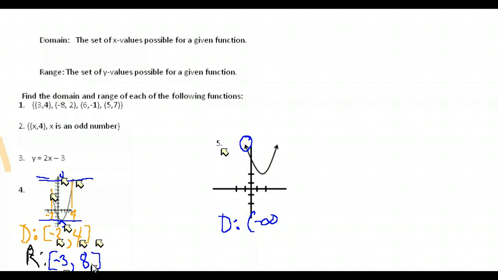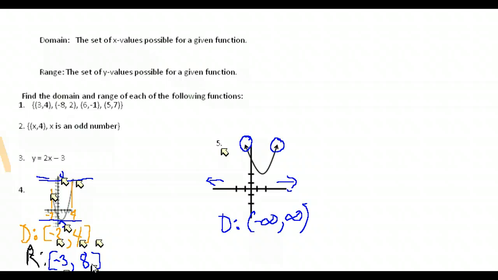Then I look over to the right to see if maybe it stops somewhere on the right. My furthest to the right is an arrow also. So that goes to infinity. So on the x, I go forever in both directions. So my range is all real numbers, or excuse me, I keep saying range. My domain is all real numbers or negative infinity to infinity.